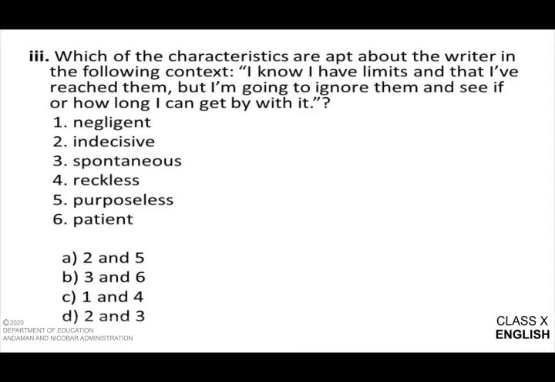Negligent is when you are careless and when you become heedless of things. You do not bother, you just neglect things, and you feel okay, things are like that, let them go on. And reckless here means, you might have heard the term reckless driving.